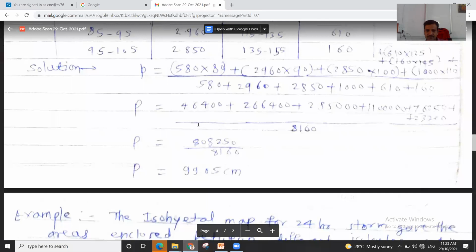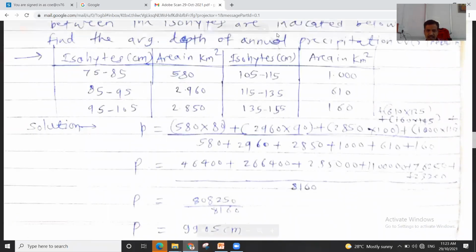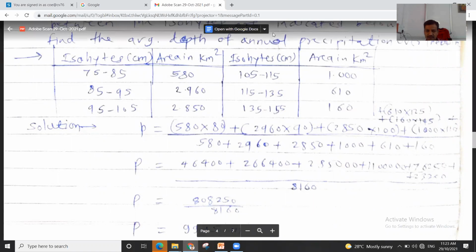Then we get by putting the area P1. हे नाव द्यायचे आहेत P1. Suppose this is precipitation P1, area A1. This is P1. This is A1. किती आहेत? P2. This is A2. Okay. This is P3.